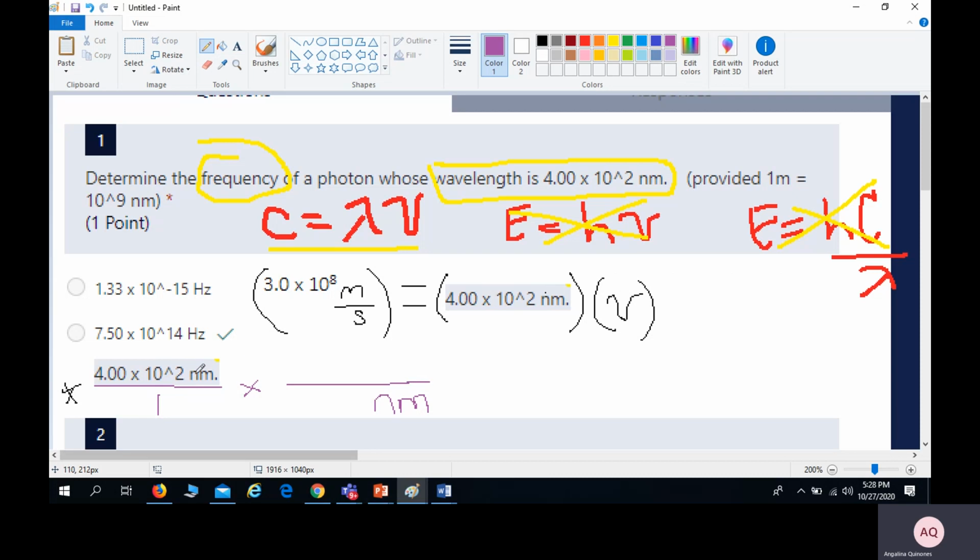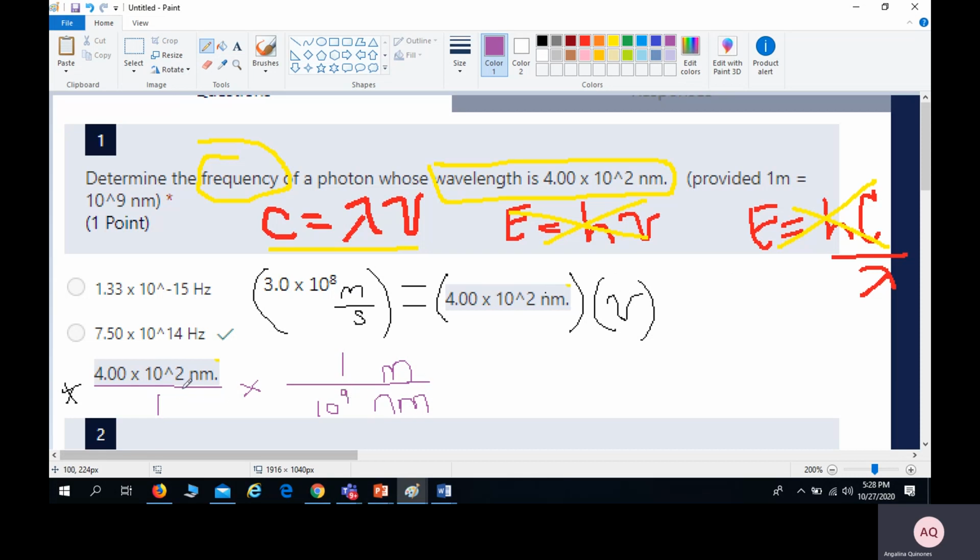So next thing, I'm trying to go to meters. By the way, I put nanometers at the bottom because nanometers was up here. In order for me to cancel it, I have to put it at the bottom. All right, the unit I was trying to get to is meters, so that goes at the top. Right? Then I have to ask myself what numbers to put. So here you can see that the 1 is with meters, so you just put the 1 with meters. And here you can see 10 to the 9th is with nanometers, so I'm going to make sure I put 10 to the power of 9 with nanometers.